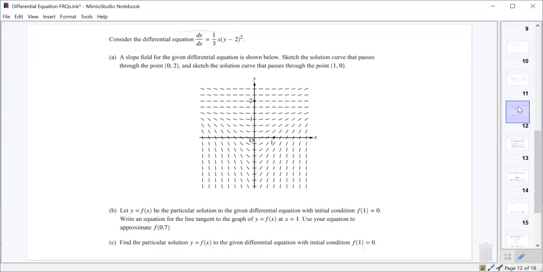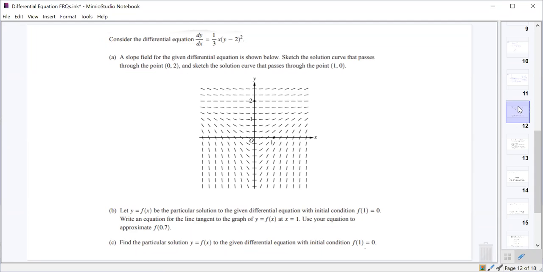Number one, the part where it asks you, which in this one is part C, to find the particular solution. Pretty much every time you have a differential equation free response question, one of the parts will ask you to find the particular solution given an initial condition. That part is usually weighted to be at least 5 out of the 9 points.